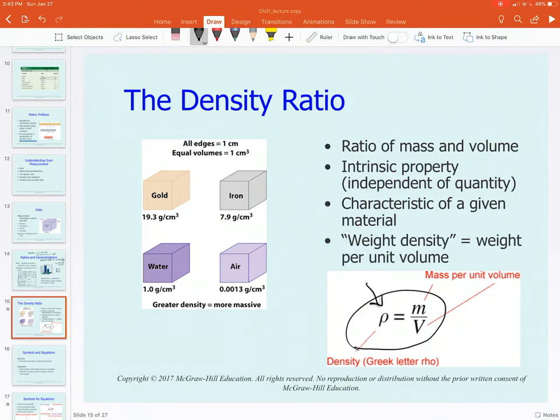And it looks kind of like this funny P. And you need to know that that symbol right there means density. You do not have to memorize this equation. I will give you that. But you need to know that density involves mass and volume. Okay? And you can rearrange this equation in different ways.